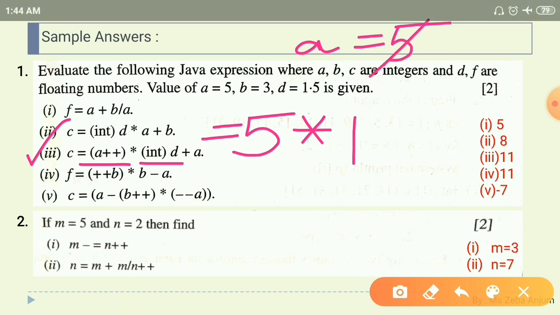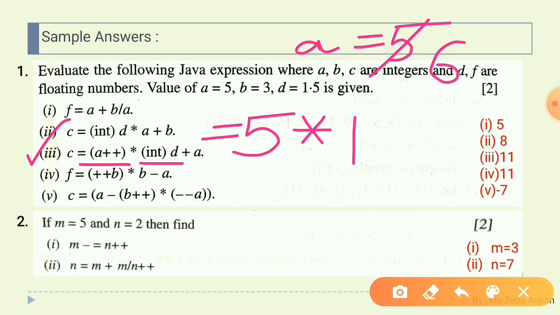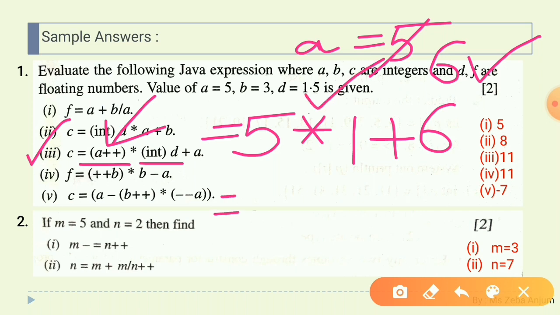Then the value of a becomes 6 because we had the post increment operator there. Now plus a again, so the value of a that we use is 6. Again this multiplication will be done first. 5 into 1 gives you 5 plus 6, and hence the answer is 11. So for the third one your answer is 11.